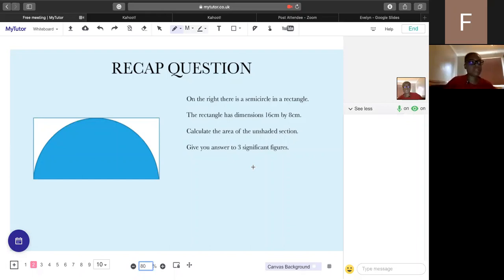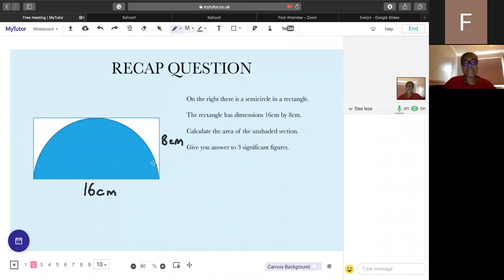What we're going to do here is draw on our shape all the dimensions that they've given us. They said it's 16 centimeters by 8 centimeters. This one's a longer side, so I'm going to call this one 16 centimeters, and this one 8 centimeters here.